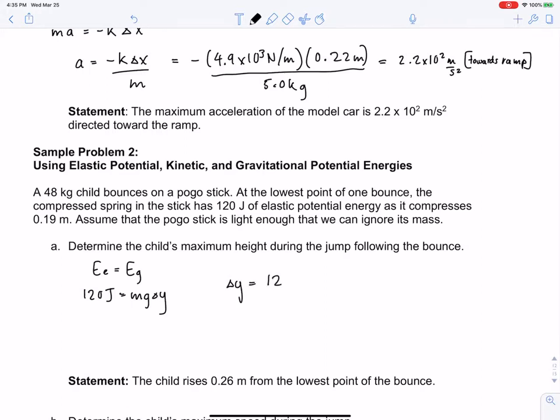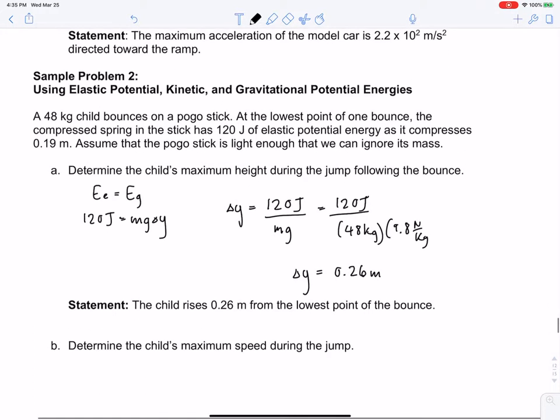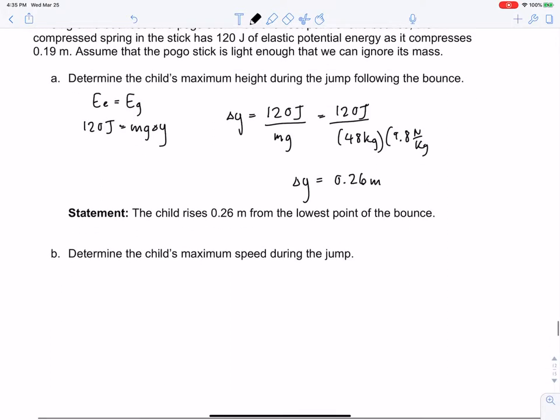It's equal to 120 joules divided by mg, which is 120 joules divided by 48 kilograms times 9.8 newtons per kilogram. If we punch this in, delta y is 0.26 meters. So the child will rise 0.26 meters from the lowest point on the bounce.